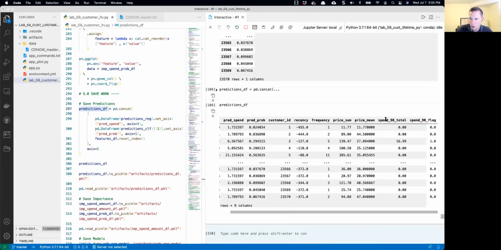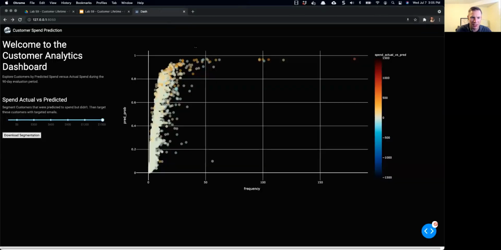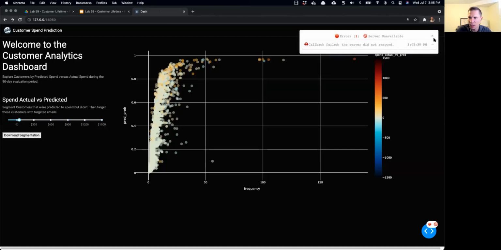So we can see whether or not they've actually spent any money, whether or not they were predicted to spend money, what their likelihood was, and how much they were predicted to spend. This helps us with our application, because with the Dash app, we want to deploy a solution to our company where the marketing people are able to use it and hone in on which customers they need to focus on.